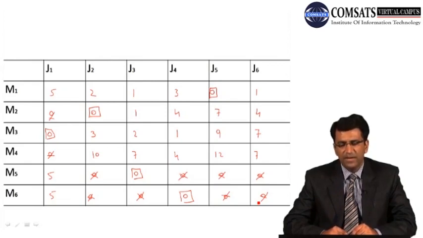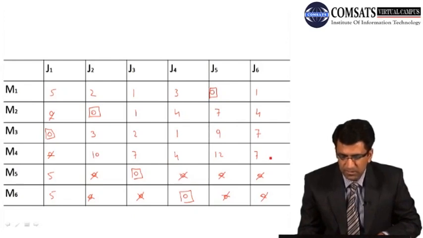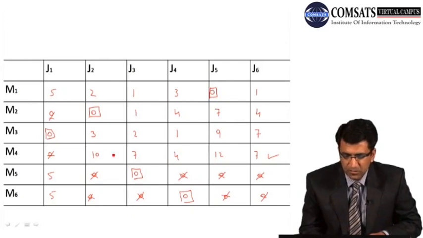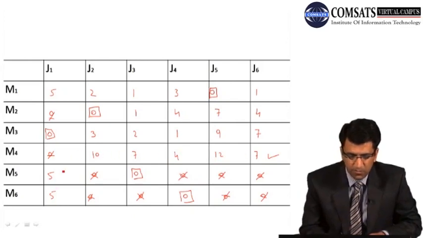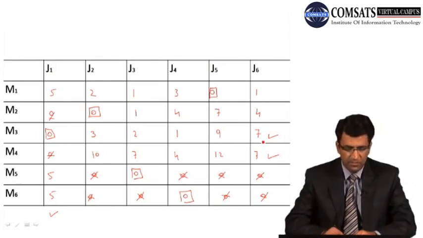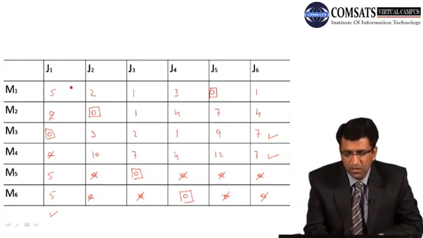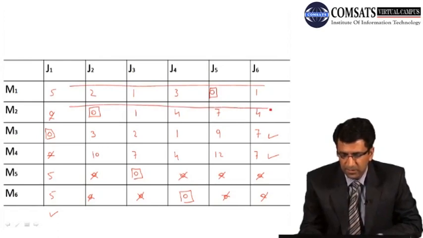So again we'll have to apply that ticking method, that is, tick the unassigned row. This is the only unassigned row. If the ticked row has a zero, then tick the corresponding column. If the ticked column has an assignment, then tick the corresponding row. So in this way we can make this ticking. After this ticking, again you'll have to draw the lines on the unticked rows and the ticked columns.